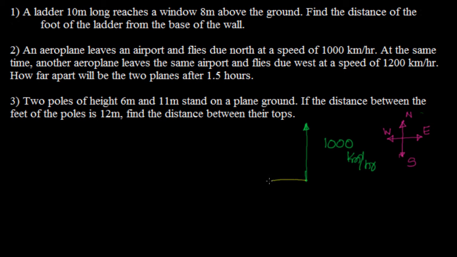That means this plane is going in this direction. This is west, this is north, at a speed of 1200 kilometer per hour. So starting from the airport, one aeroplane is going north and another is going west.